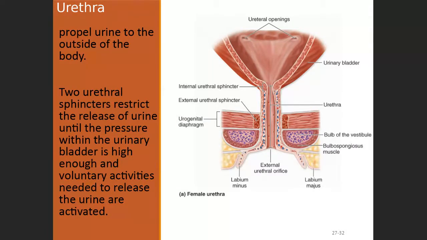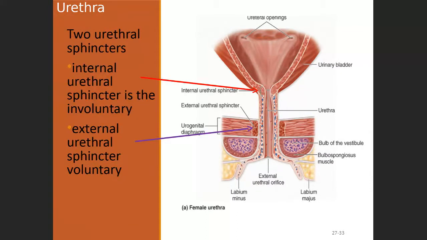The trigone, the triangular-shaped stretch receptors at the back of the bladder, controls not only the bladder musculature, but also the internal urethral sphincter. And in that way, the internal urethral sphincter is very much involuntary. It stays clenched. The urinary bladder muscle stays relaxed until the trigone gets stretched enough, and at that point, we relax the internal urethral sphincter and we allow contraction of the bladder musculature.